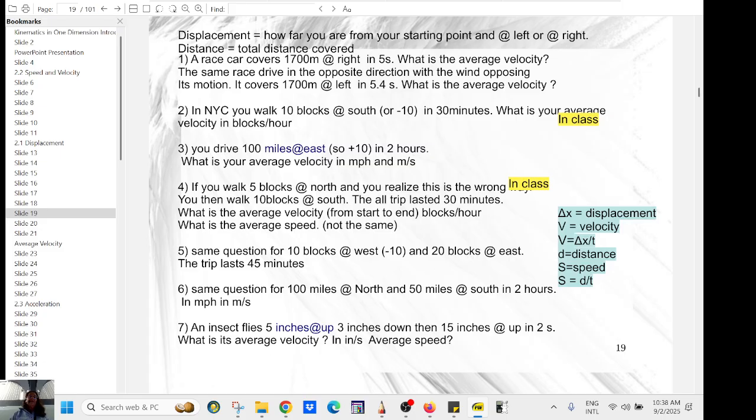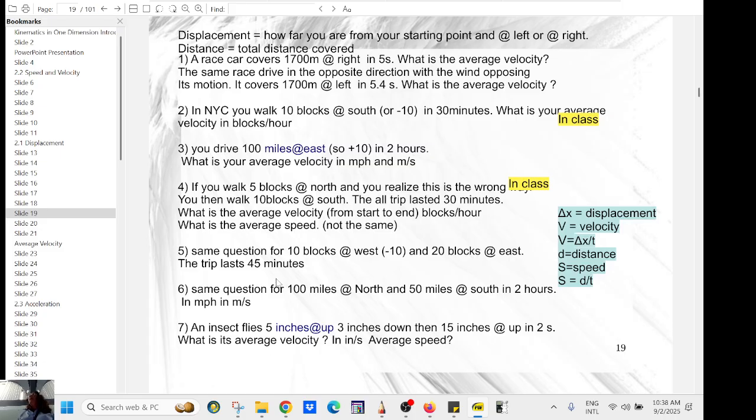And then you can divide to have the average velocity. Okay, so you're going to divide 10 divided by 45 minutes. So 45 minutes is 3/4, so 0.75 hours if you want the average velocity in blocks per hour.